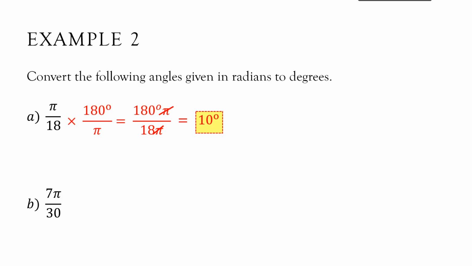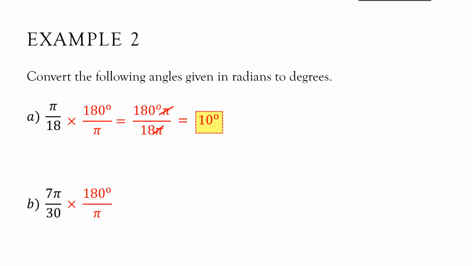Alright, so now let's go ahead and work on part B. Actually, take a moment here, just like the previous video. Take a moment, pause, see if you can convert this to degrees. Now, if we want to convert this to degrees, I'm going to follow the same method. I'm going to multiply by 180 over pi.